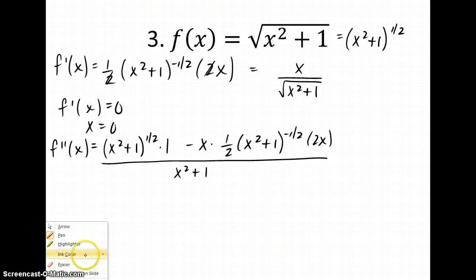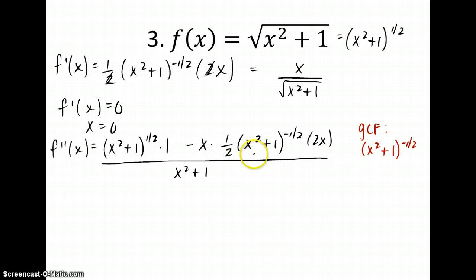Now what I talked about on the video with the classwork solutions from when we were determining increasing and decreasing, the greatest common factor here would be x squared plus 1 to the negative 1/2. So all of the terms have an x squared plus 1.